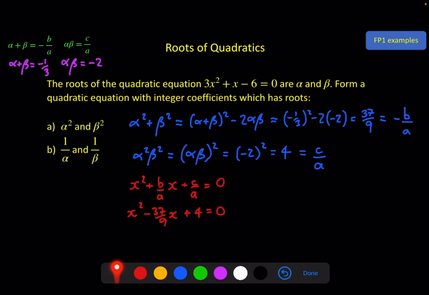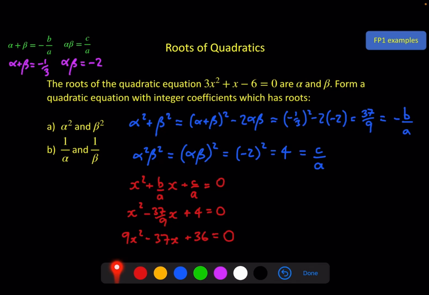So we just need to multiply everything here by 9. We get 9x squared minus 37x plus 36 equals 0. So this is the equation that has roots alpha squared and beta squared, where the values of alpha and beta themselves are still the roots of the old equation here.